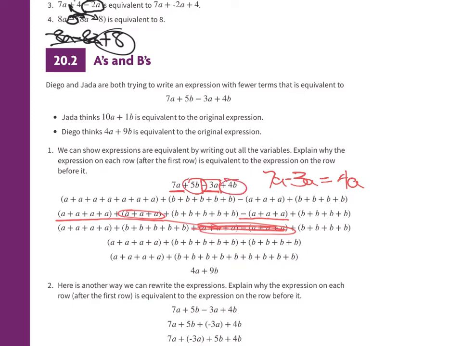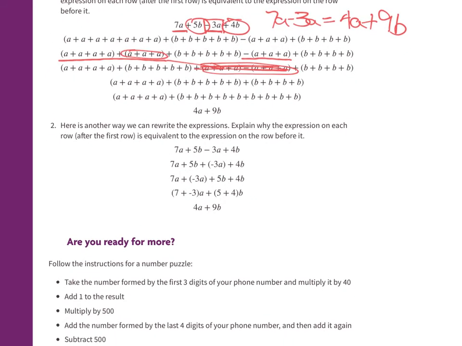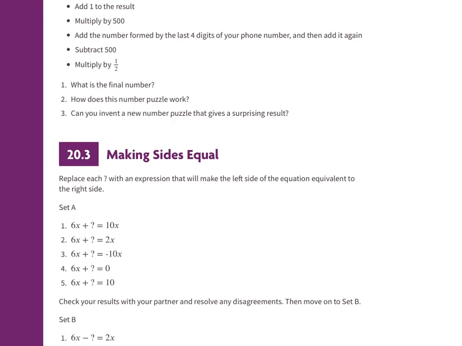If I have 5 balloons and I add 4 balloons, I have 9 balloons now. So I have 4a plus 9b. That's another way to do it without writing all of the a's and b's. And there they show it to you. They break it up a little differently. They even do more work than I think is necessary, but you do what is easiest for you. Okay? All right, moving on.